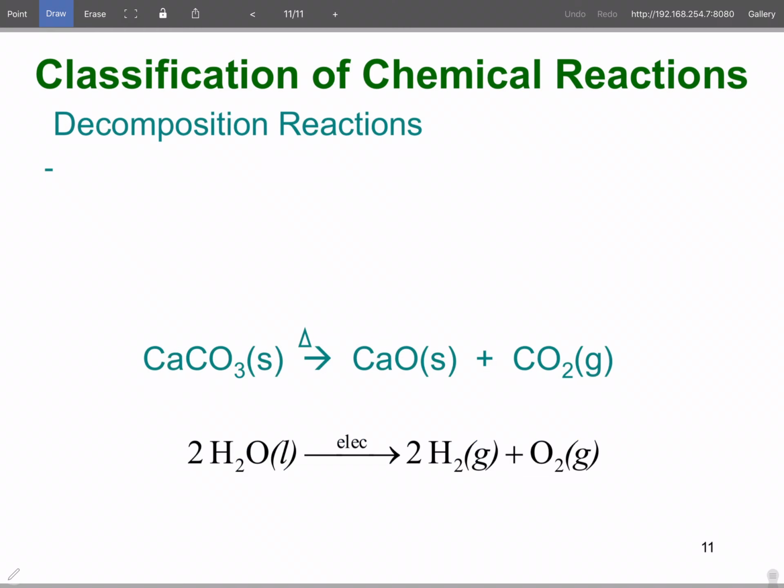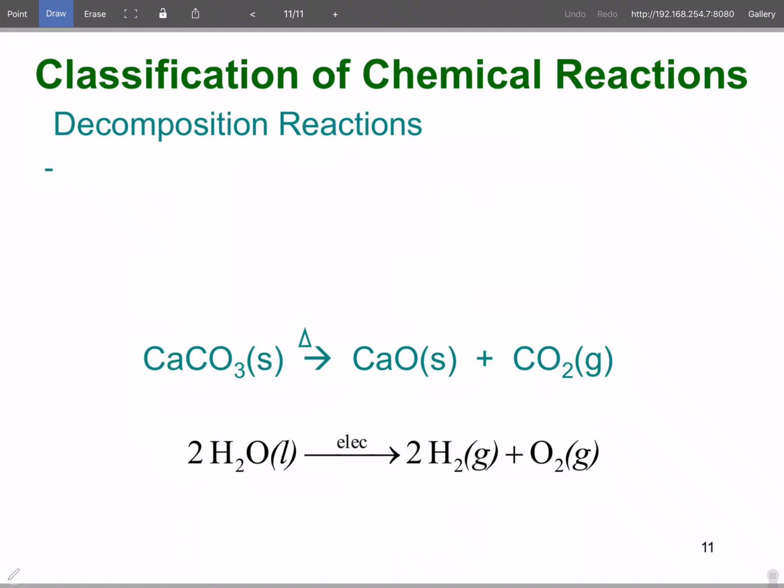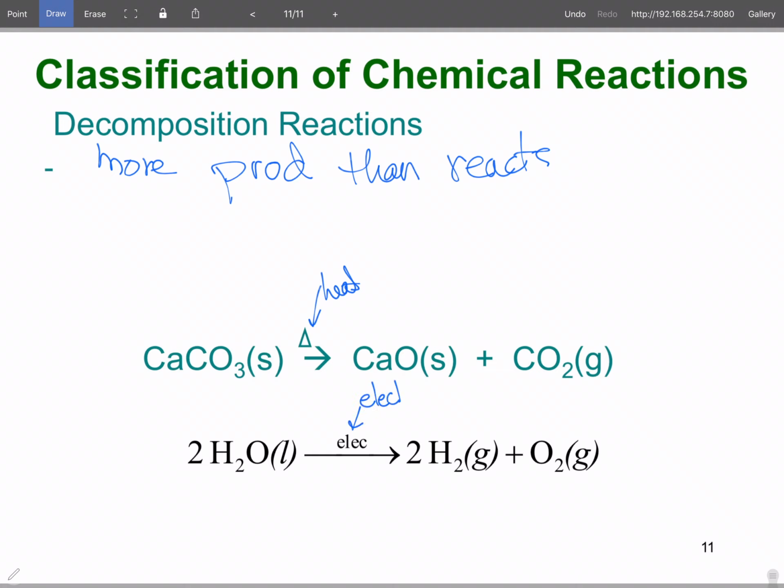Another one is decomposition. Combination is combining things. Decomposition has more products than reactants. It's the opposite of an addition or combination. And in this case, this one's got heat. Most of the time, decompositions, not always, require, this is electricity, require something to get them started.